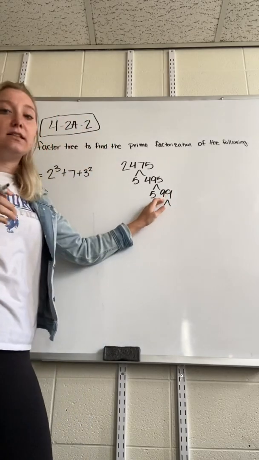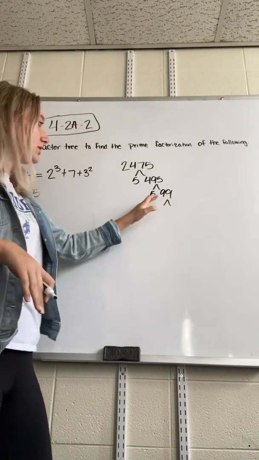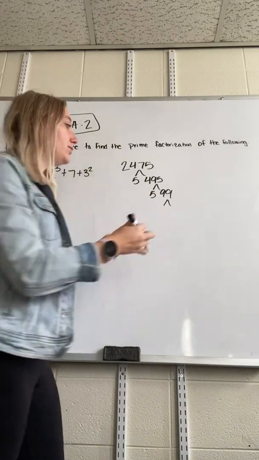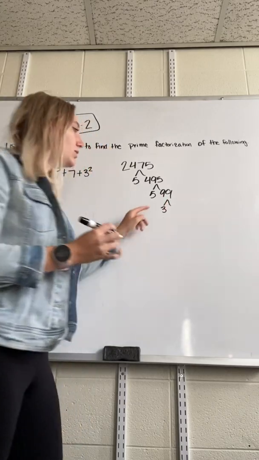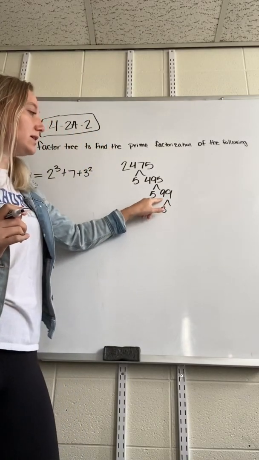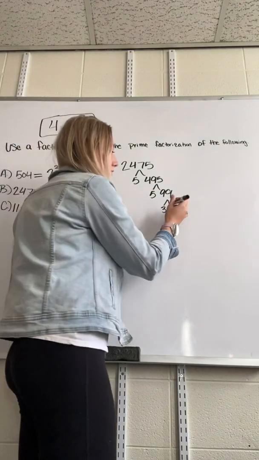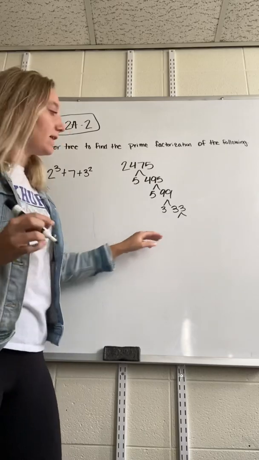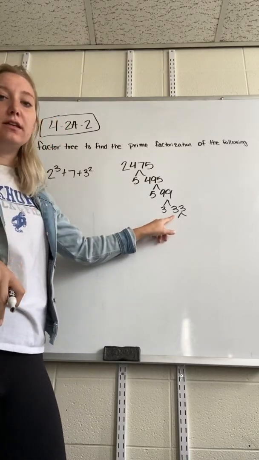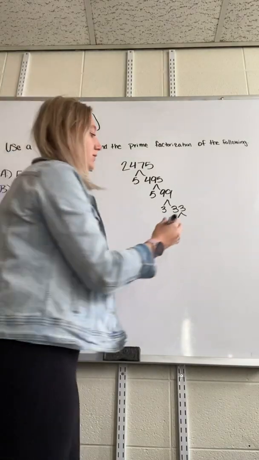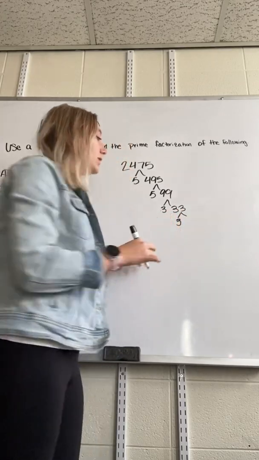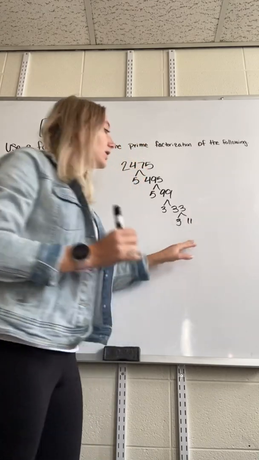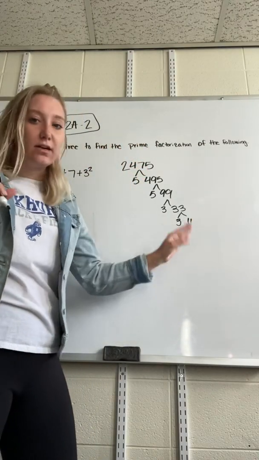Now 99 isn't a prime, because just like 504, 3 can go into it. So I'll put 3 here, and 99 divided by 3 is 33. And then 33 is not prime because 3 can go into it. 33 divided by 3 is 11. 11 is a prime, so I can't go any further.